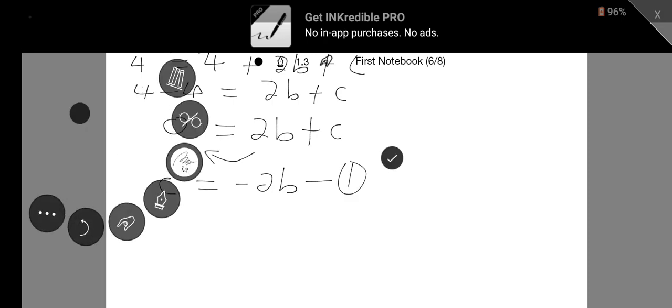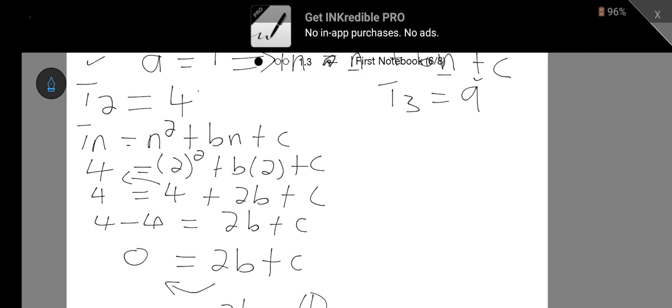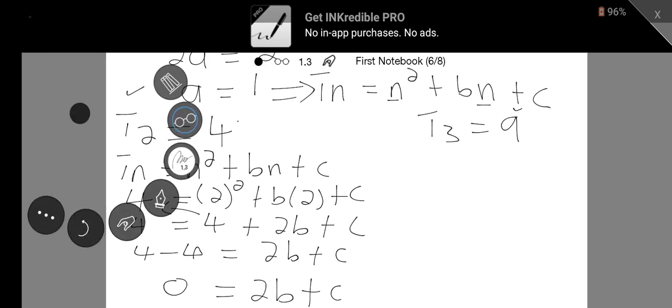Now we're going to go back to the third term, and we're going to come out with equation 2 from the third term. Let's do it.